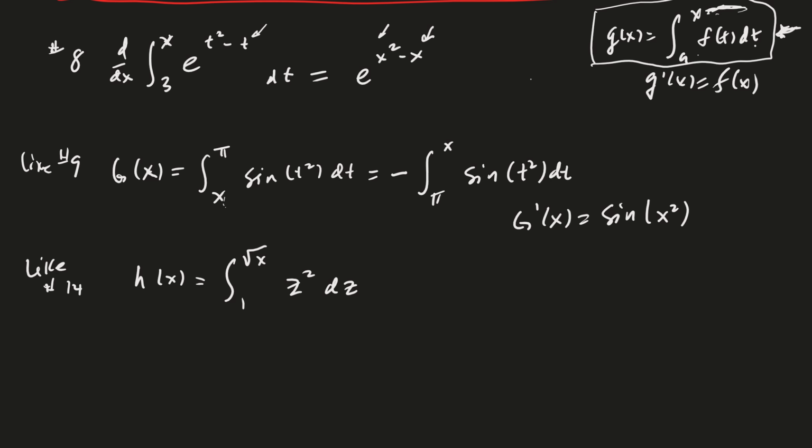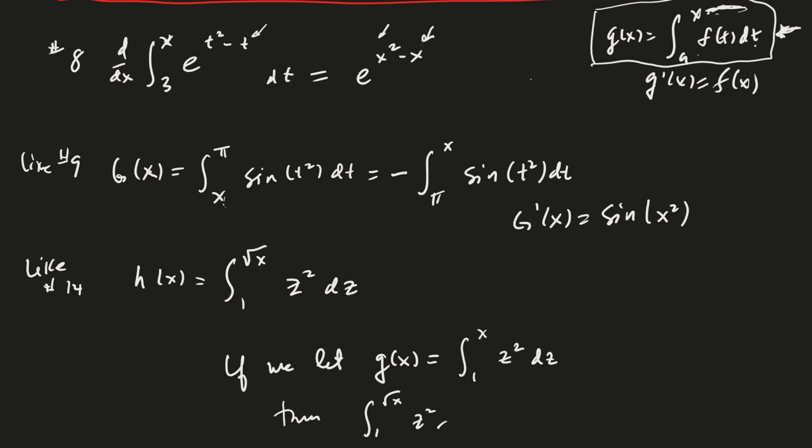However, if we let g of x be defined to be the integral from 1 to x of z squared dz, then the integral from 1 to the square root of x of z squared dz is a composition of g with the square root of x, right? Right, so if g of x is defined this way, then to compute g of the square root of x, you plug in square root of x wherever you saw an x before, right? And so this is a composition.